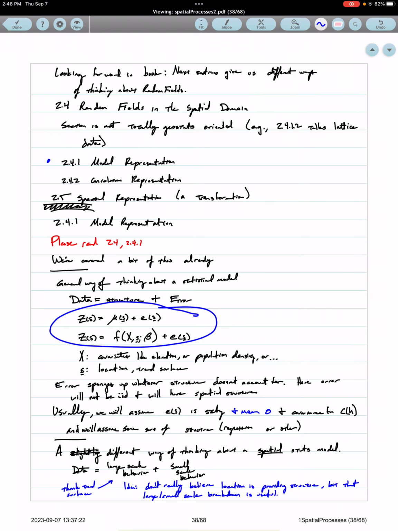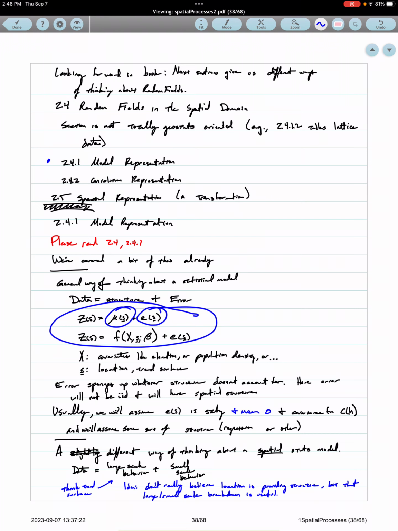Of course, what's interesting in a spatial statistics class is that the error piece has spatial structure. And so the mean piece does not fully account for everything that's going on spatially, and what's left over, what we need to sponge up, has remaining spatial structure that we will turn around and estimate and model.